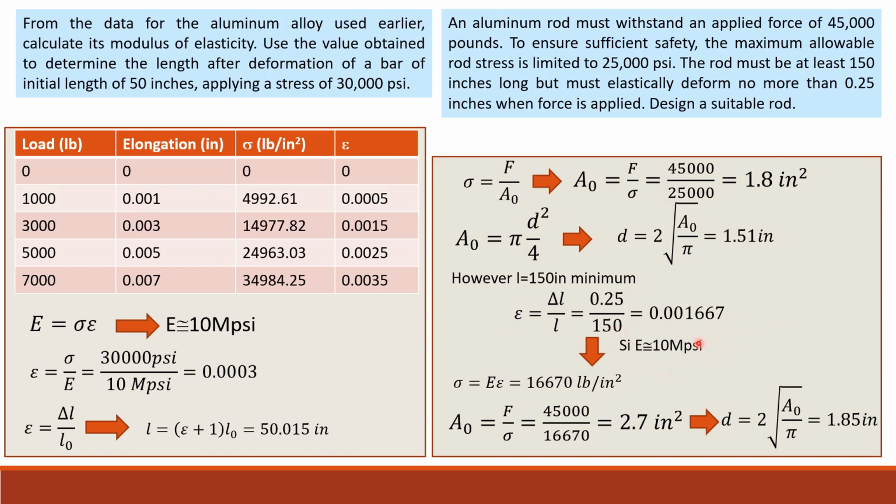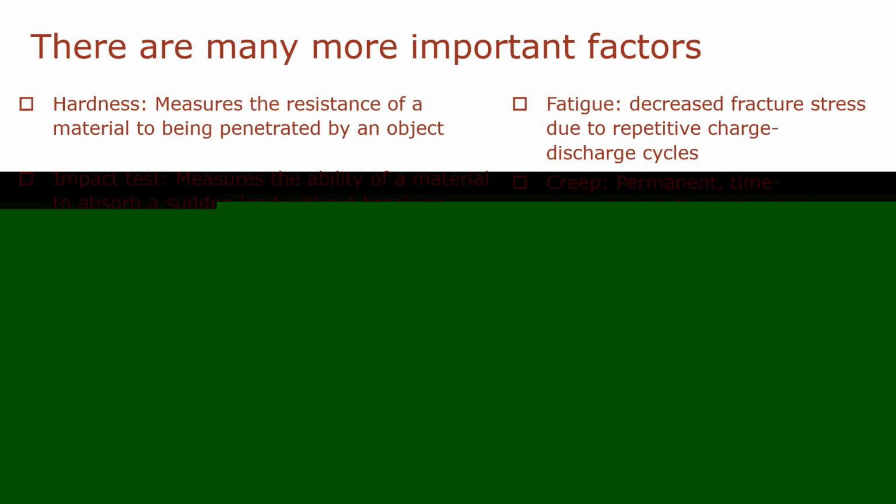Have in mind that we have calculated this value here in this exercise. So this is the value we can have for stress, and so that means that the minimum diameter for our rod is 1.85 inches. Okay, so a little bit thicker than it was considered here, because of this restriction we have applied in the second part of the exercise.